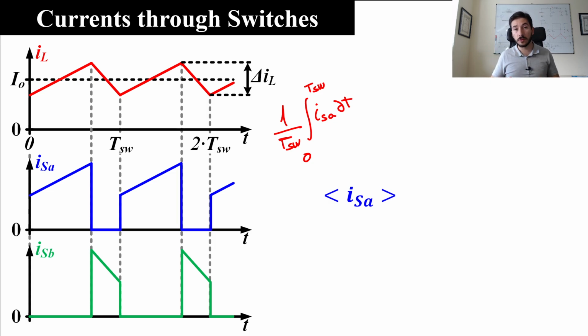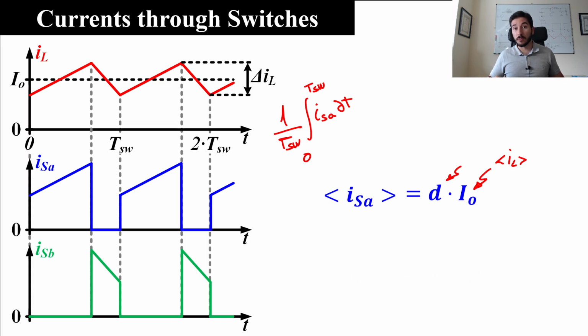Okay, and if you evaluate that expression, taking into account the waveforms you have on the left side, you will see that basically it's the duty cycle times the output current. Why duty cycle? Because it's the amount of time the switch is driving current. Why the output current? Because it's the average inductor current. As I said, it's very easy to obtain this expression by solving the integral expression.